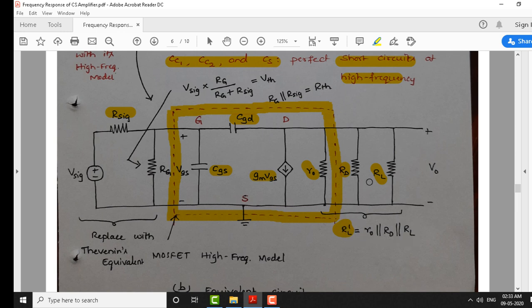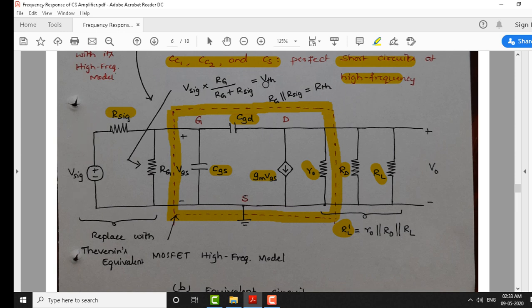We can replace the three resistances with a single resistance now. And at the input side we can replace with Thevenin's equivalent circuit here. Thevenin's equivalent circuit contains a voltage source in series with the equivalent resistance.